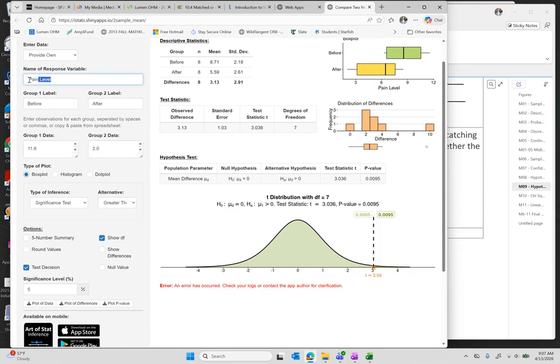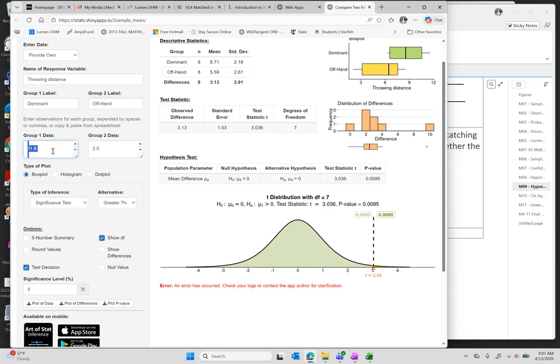So here I'm going to have the throwing distance. And this will be the dominant hand. And this will be the offhand.